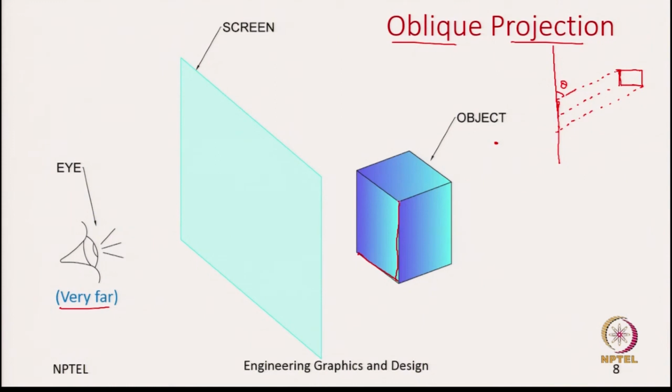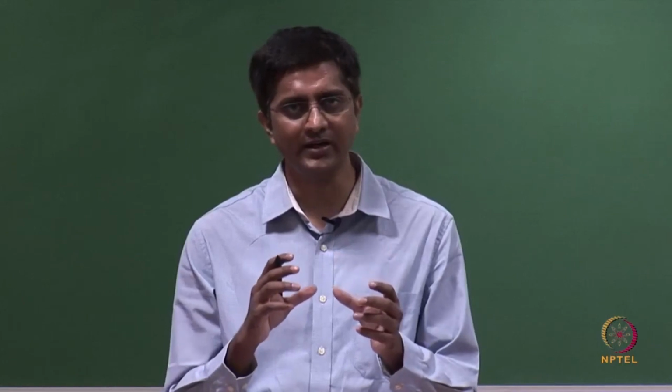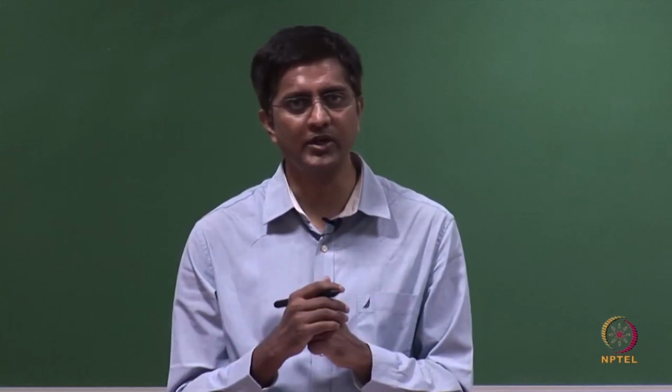However, since the depth of the object is not parallel to the projection plane, that length is different. So, in oblique views we are able to capture both the true width and height, however, the depth will be distorted.